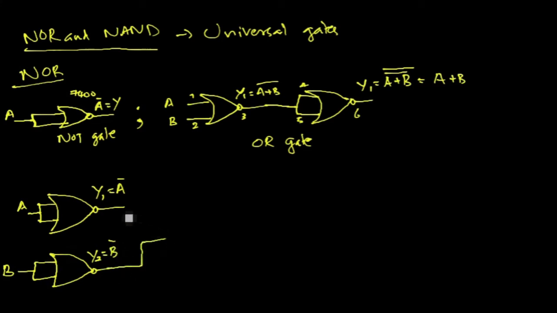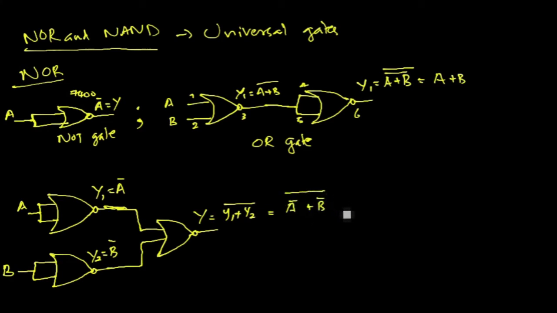Now these two together are given to a NOR gate. So here Y will be (Y1 or Y2) complement, which is equal to (A complement or B complement) complement.